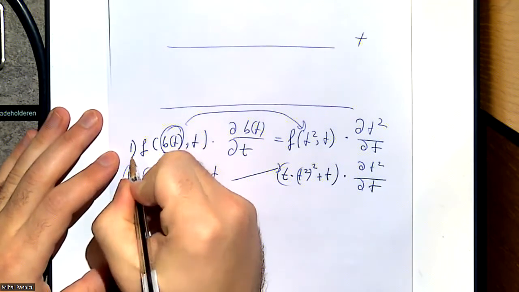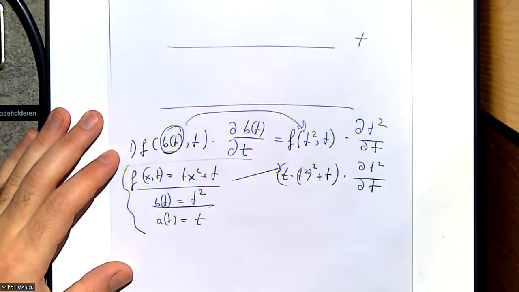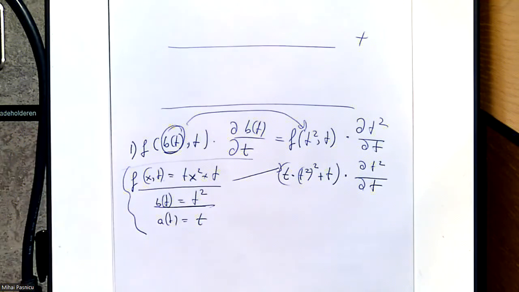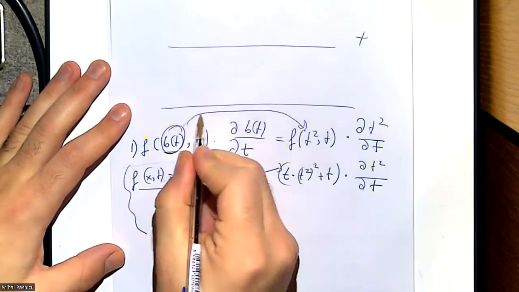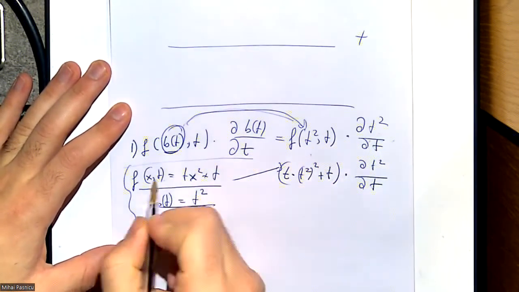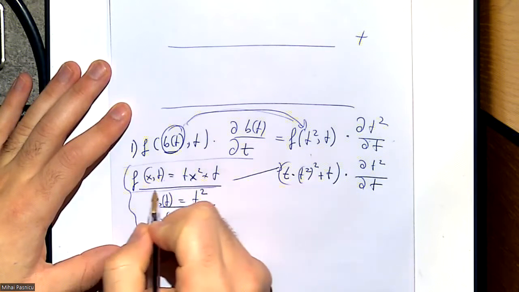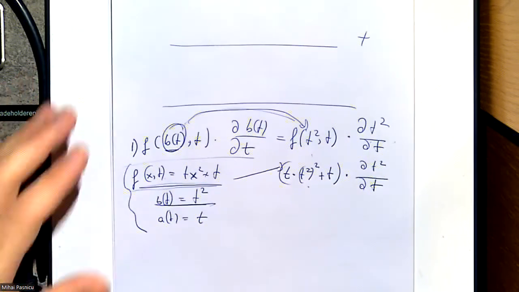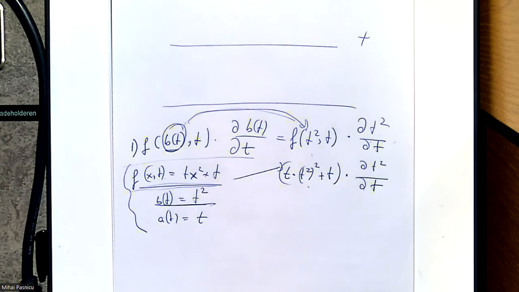And I remember that the first term of the derivation is this thing. And I just replace slowly everything in. That is my logic. I first replace this b of t, which is t squared. I put it everywhere, and then I replace my f with this value. And I get this. Everything on board with that?